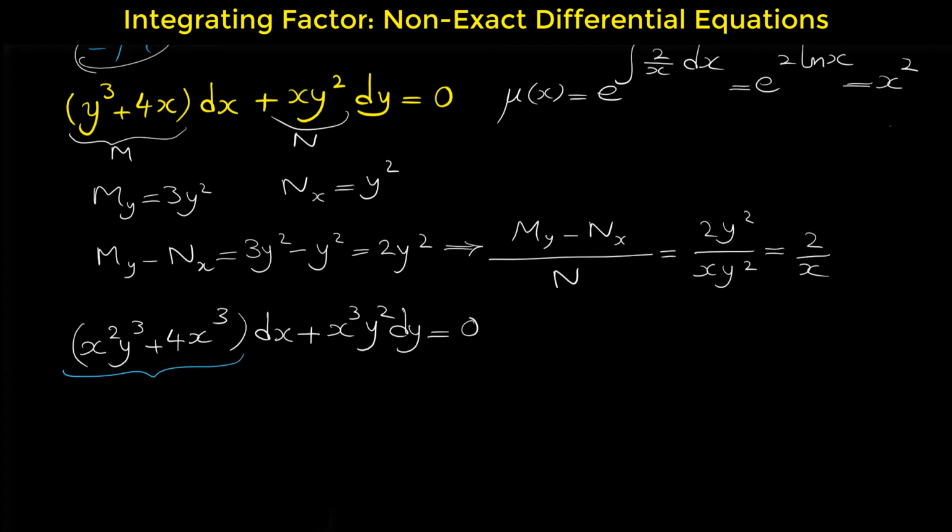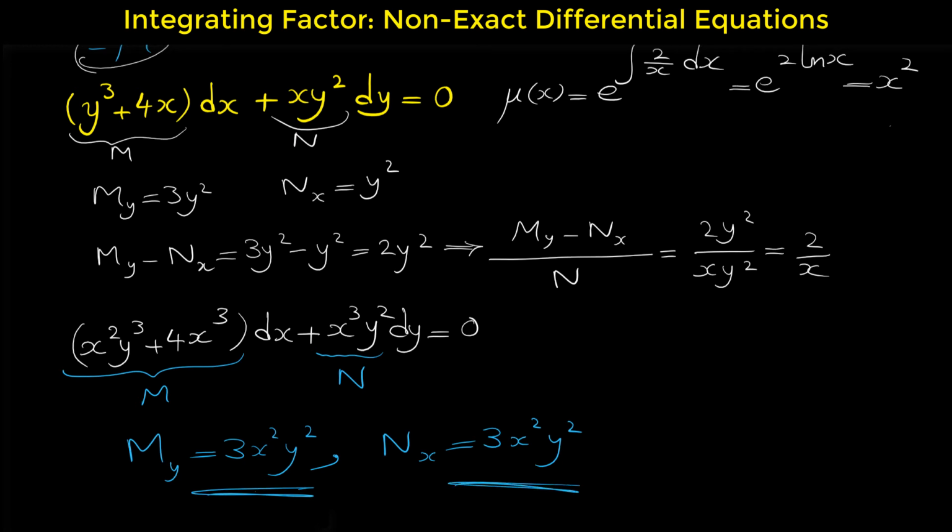Note that now this expression is M and this expression is N. M sub y, the partial derivative of this with respect to y, is 3x squared y squared. And N sub x, the derivative of this with respect to x, is exactly the same, 3x squared y squared. And as you can see now, these two are equal to each other.